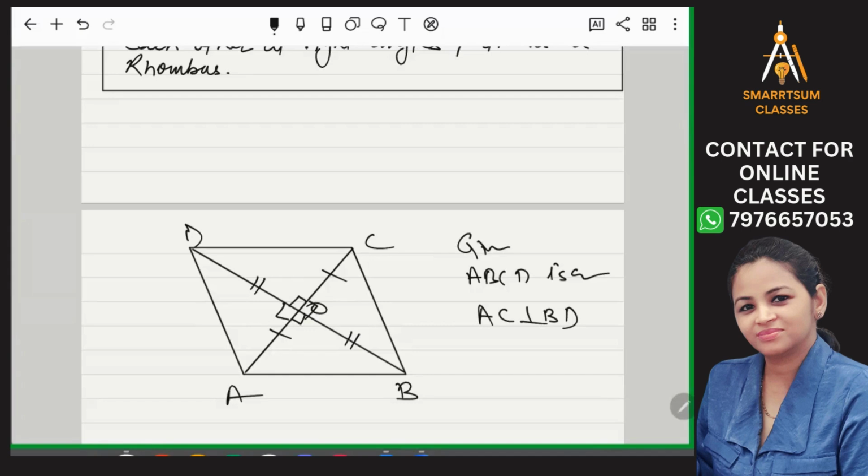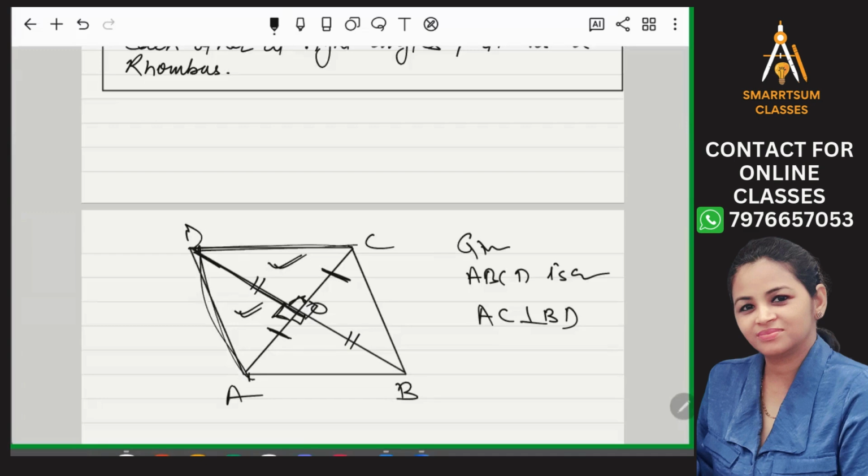Now, we can prove that triangles AOD and COD are congruent. How? OA and OC are already given equal. Angle AOD and angle COD are both 90 degrees, right angles. And OD is common to both triangles. That means these two triangles are congruent. Once we have proved that, we can say that side AD is equal to side DC.